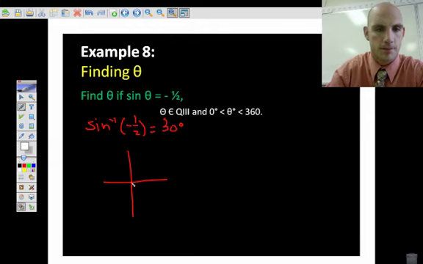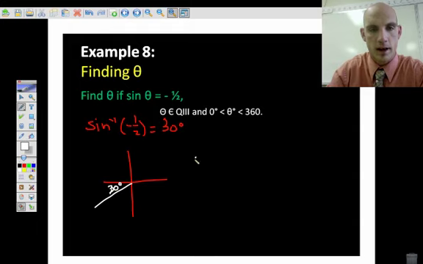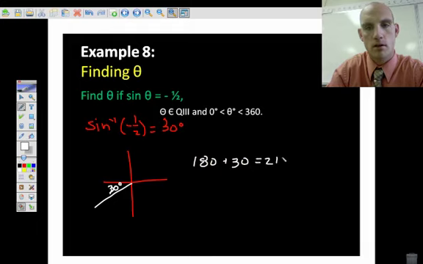If I'm in the third quadrant, I'm down here. This is going to be my 30 here. So that means that I'm going to have 180 plus 30, which is 210 degrees.